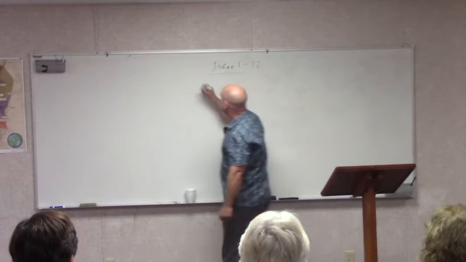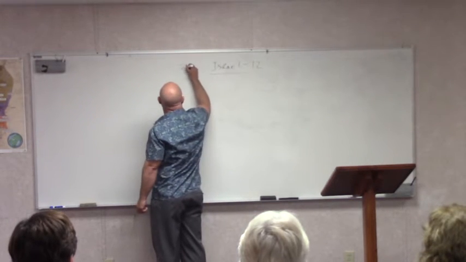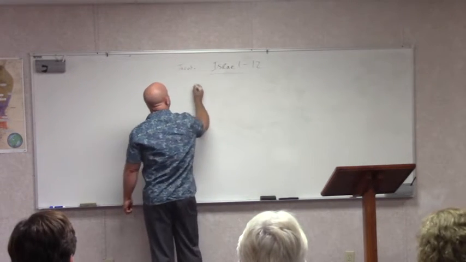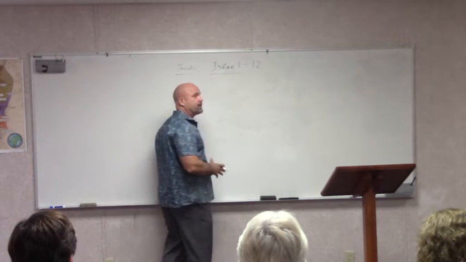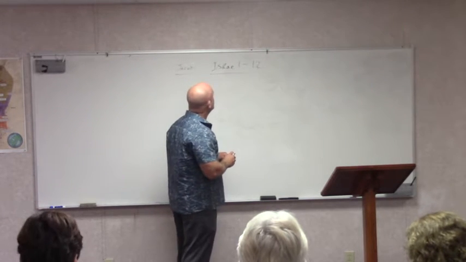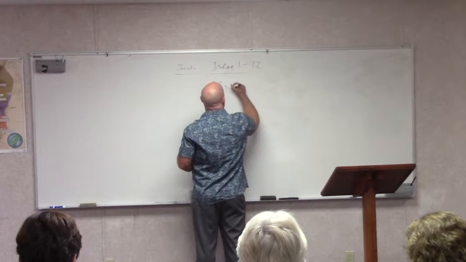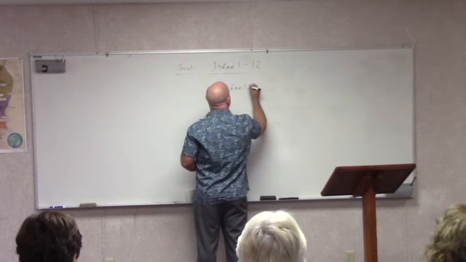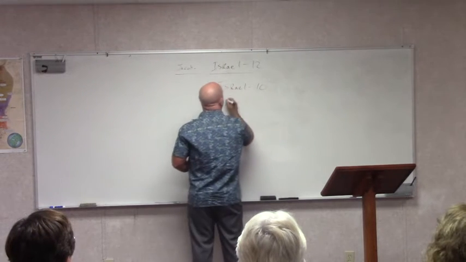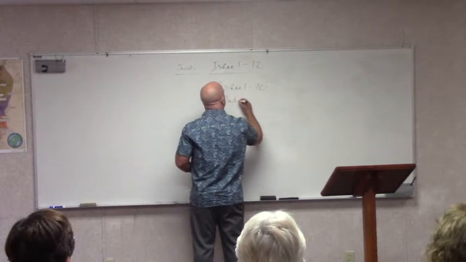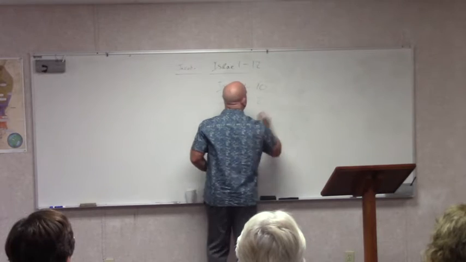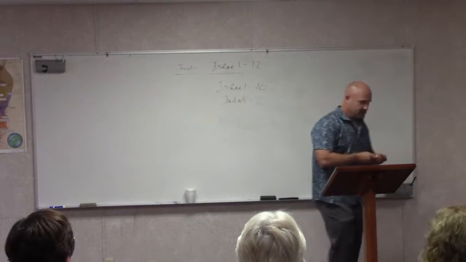So when it says Jacob there, we have to be talking about the 12. Well, we could be talking about Israel as 1 to 12. We can talk about Israel during particular times in their history as the 10. And we can talk about Judah as well, and they are the 2. Does everybody see that?